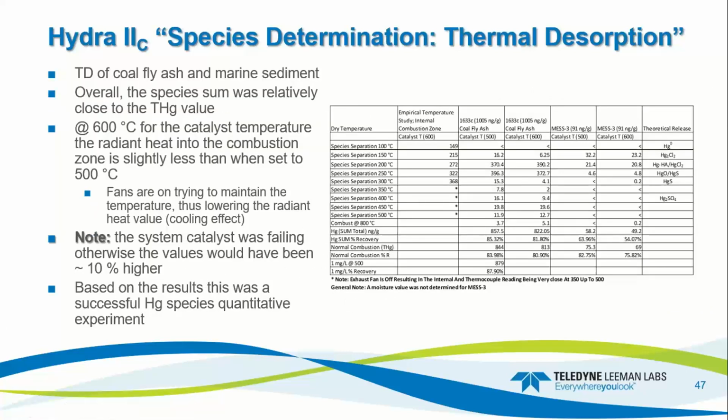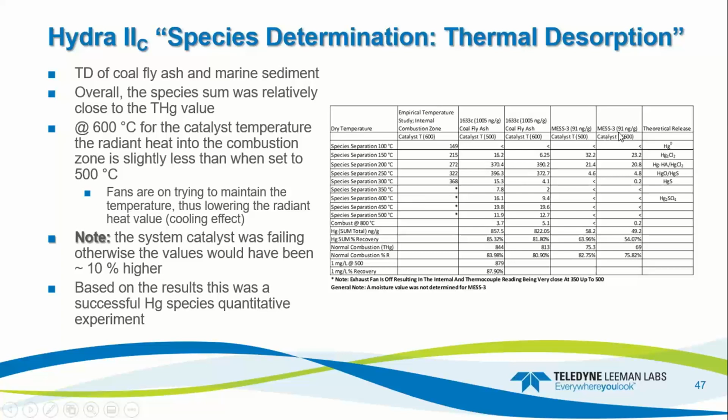So what happens is, with combustion set to 400 in 1 second, it just blows right through that. So in reality, what I'm doing is I'm using the drying oven as the thermal desorption component and changing the temperature. So here I used the process for coal, fly ash, and marine sediment.